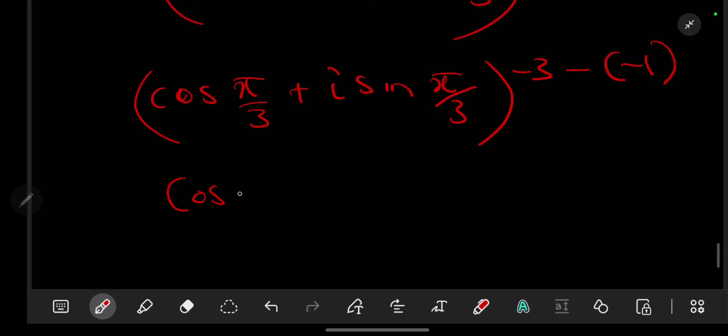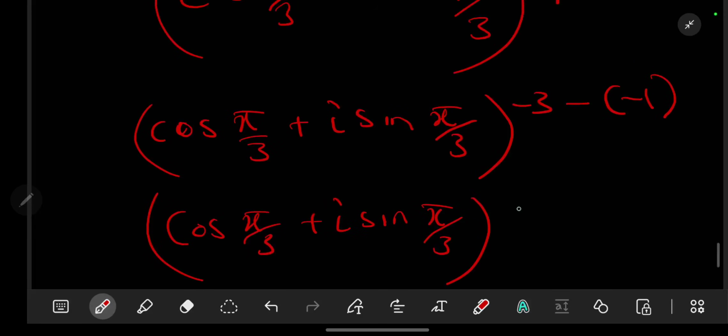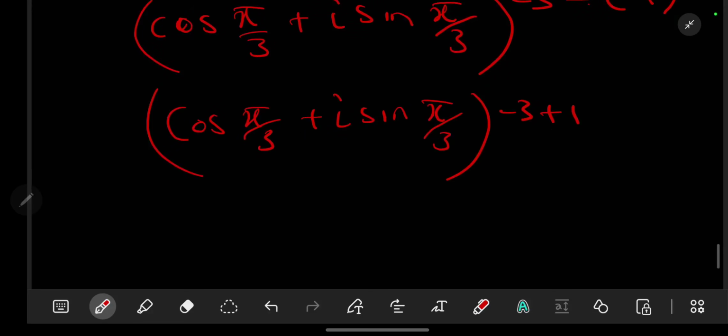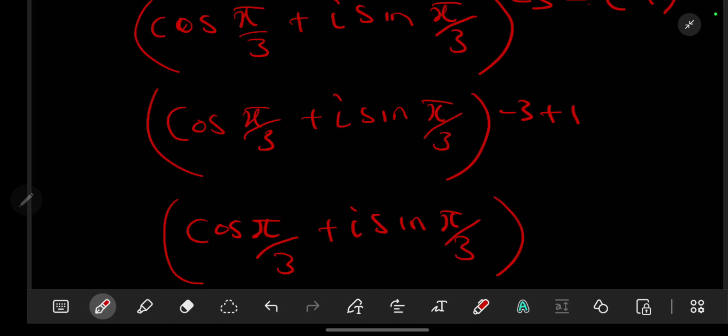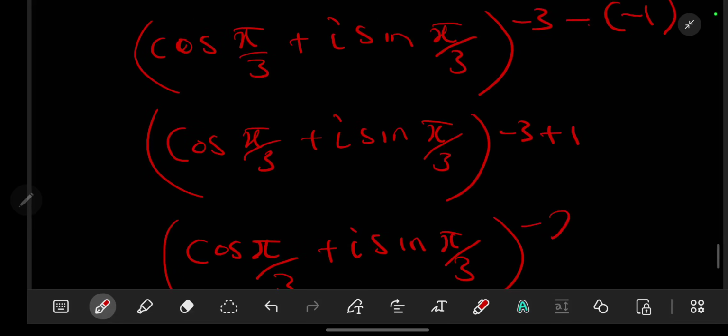So it's cos of pi/3 plus i sine of pi/3 to the power of -3 plus 1, which will be -2 like that.